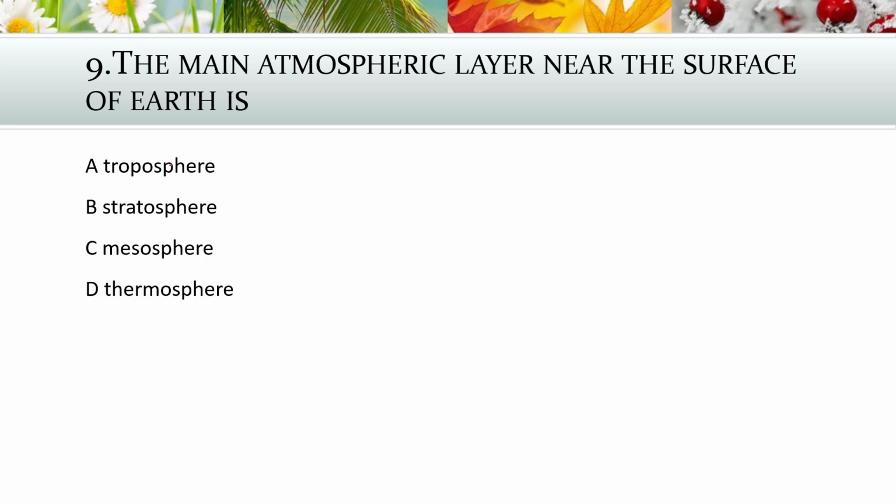The ninth question is, the main atmospheric layer near the surface of the earth is. You need to understand that there are a few layers upon the earth's surface. The first layer is the troposphere. The next layer is the stratosphere.